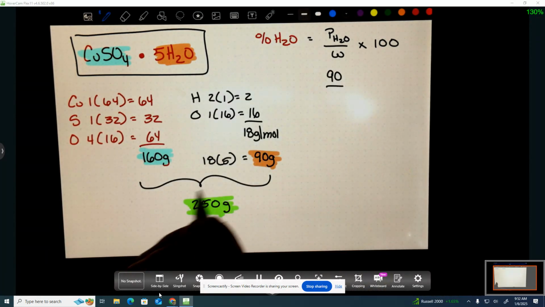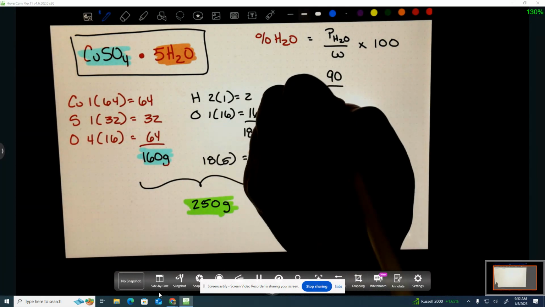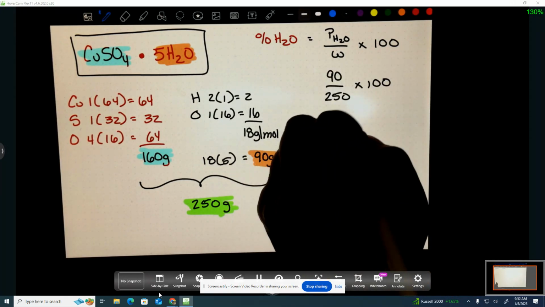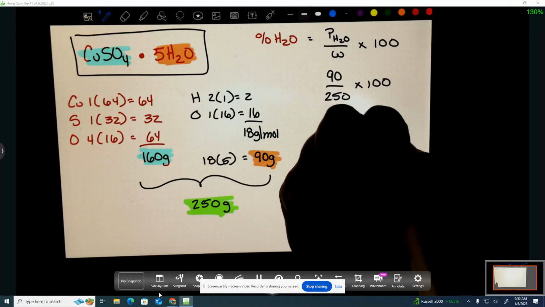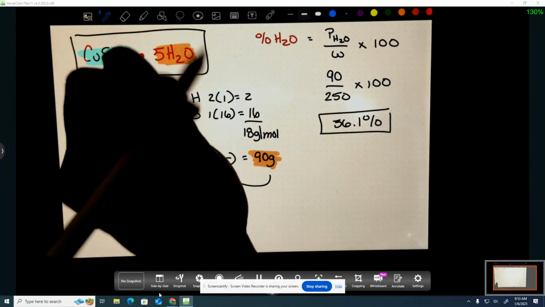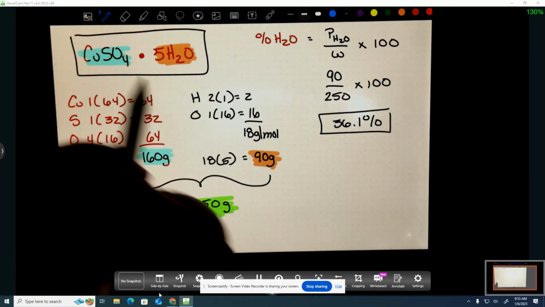What did the whole thing weigh? 250 times 100. And you should get 36.1 or 36% water. Check my math. You got 36, close enough. Okay? 36% of this mess that I've got up here is water.